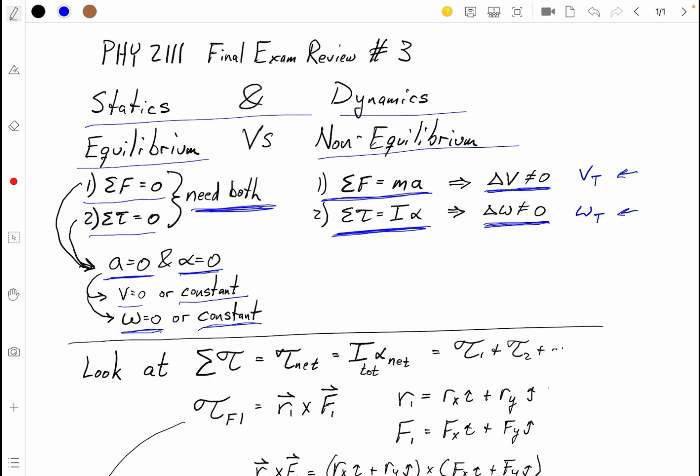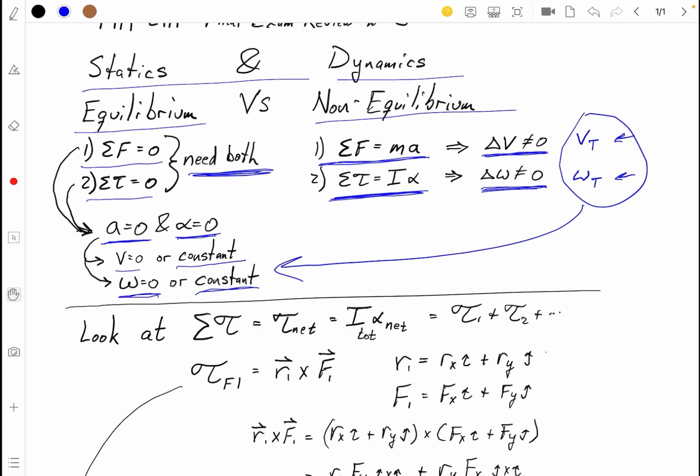However, if you're at a terminal velocity situation, wow, all of a sudden, these are constant, and you are back to equilibrium. Okay? So that's how the ball rolls. That's how the cookie crumbles.